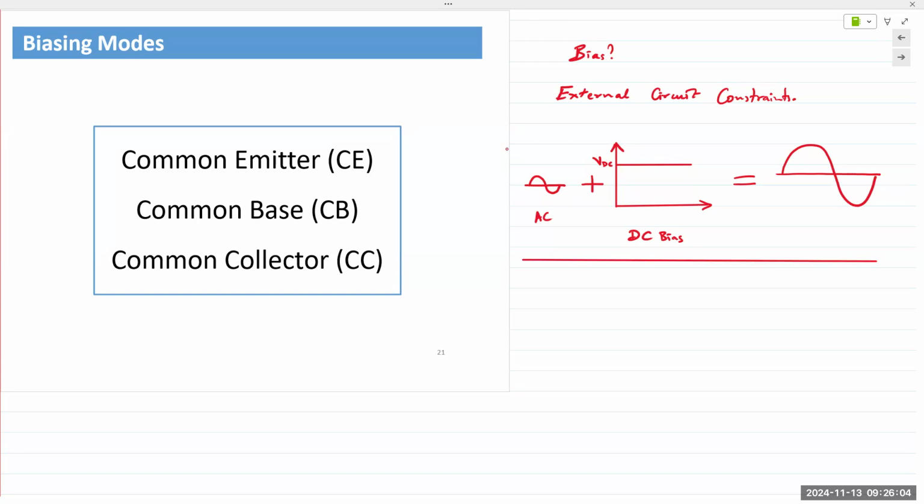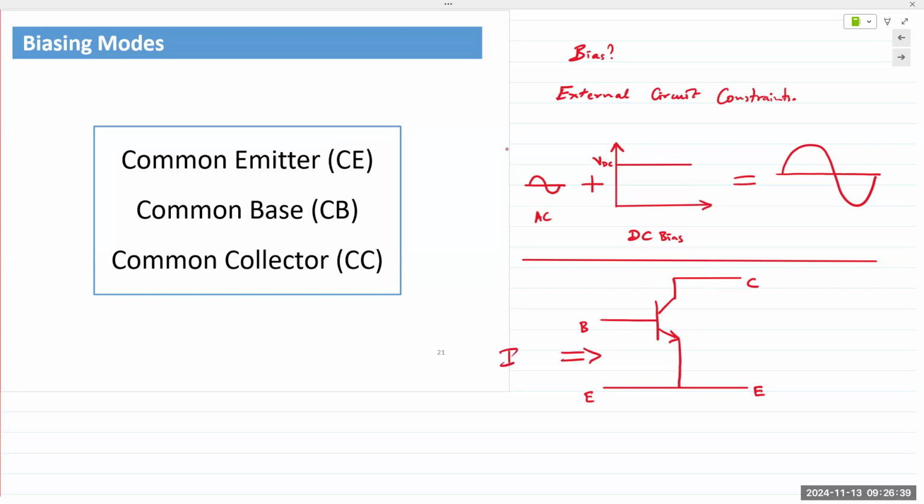In the common emitter mode, the emitter terminal is common to both the input as well as the output. The way we typically draw transistors, whether they are PNP or NPN, is like this, with the input on the left. That's your base, that's your collector, and that's your emitter.